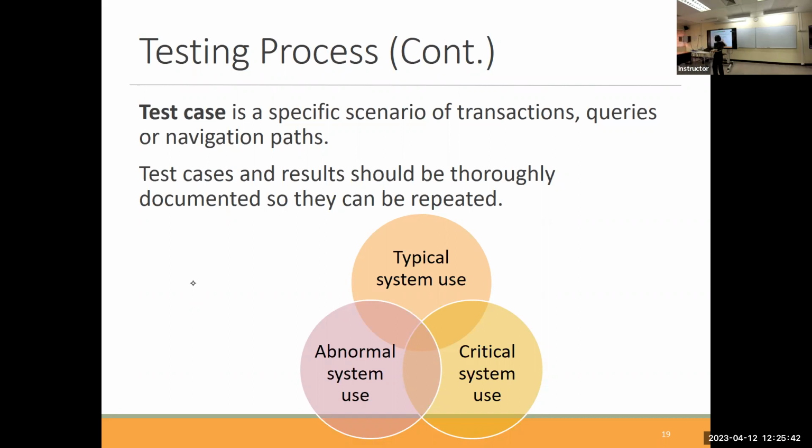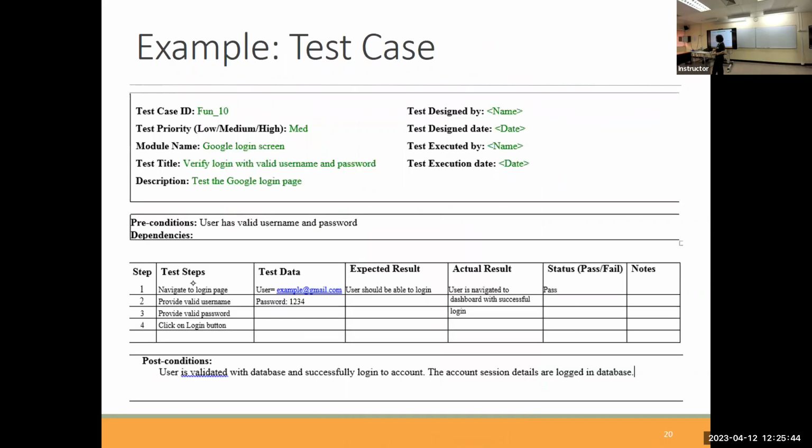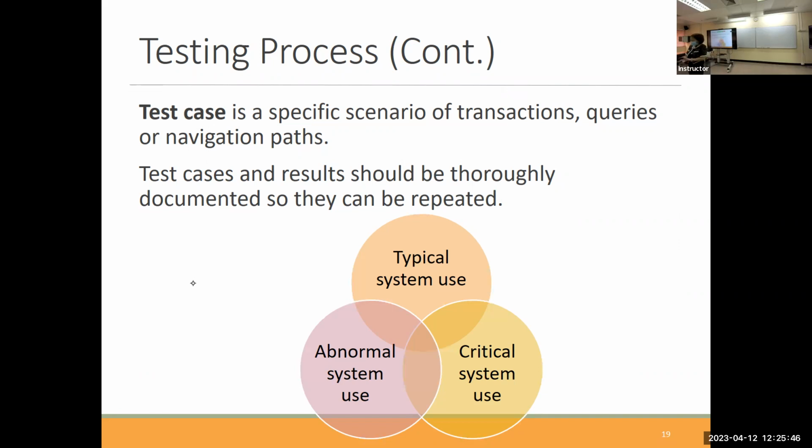Third, critical system use. When there is a critical peak load or some issues happen, how will the system behave? Will it crash? And so on. You need to be sure that several of these cases can be taken care of properly by your system.